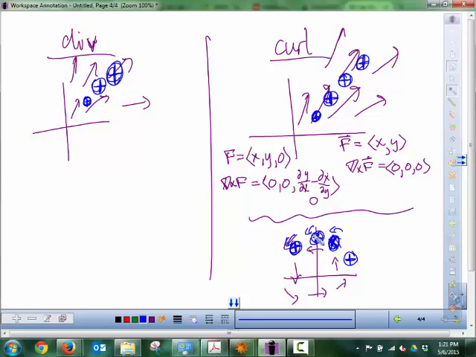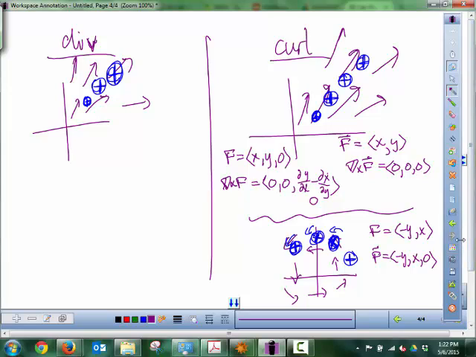Okay, so in this example that we came up with, I'll call it negative y comma x, I think. And if we take the curl of that, again, we have to assume that it's 0 in the third component. So let's rewrite this as negative y, x, and 0.